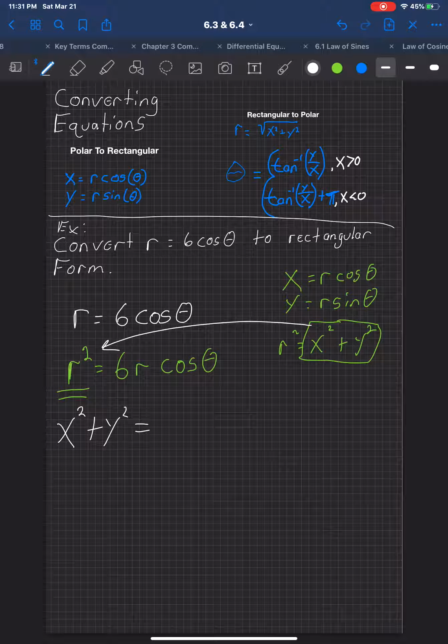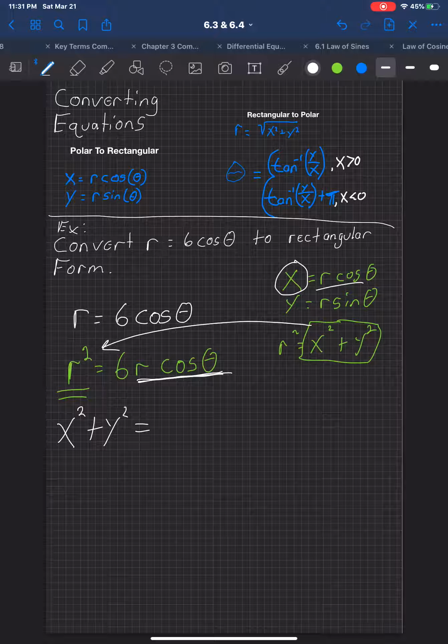Well, this r and this cosine of theta, that is the definition of x. x is equal to r cosine of theta.